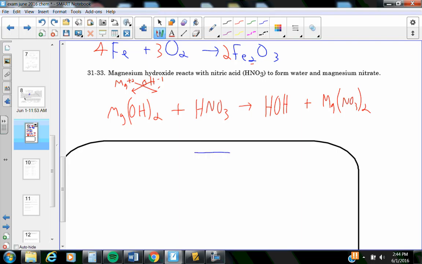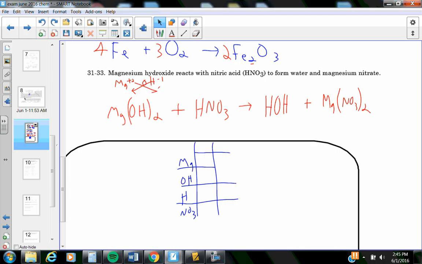If I'm going to balance this one, I'm going to count Mg's, OH's, H's, and NO3's. I'm not going to break it up into all the little parts. I'm just going to count it like this. 1 of these, 2 of these, 1 of these, 1 of these, versus 1 H, 1 OH, 1 magnesium, and 2 nitrates.